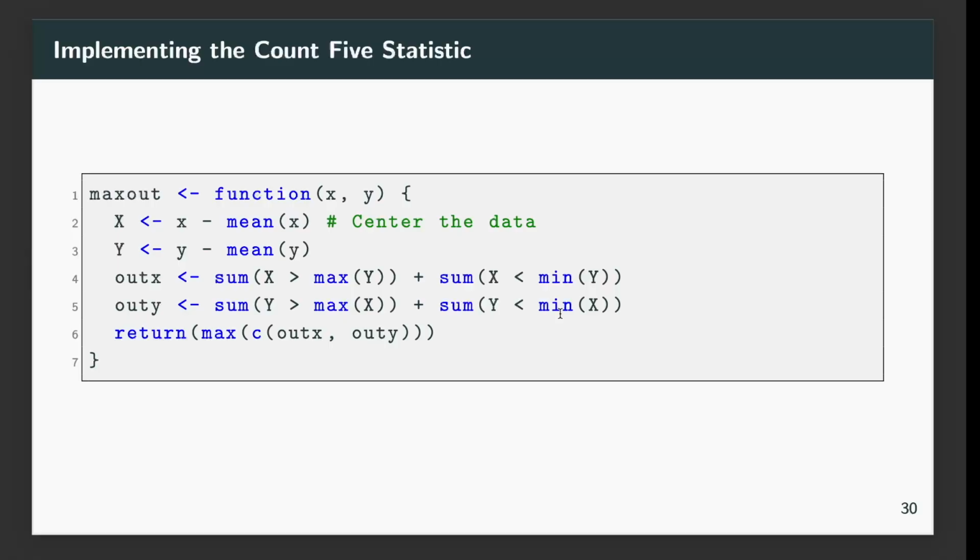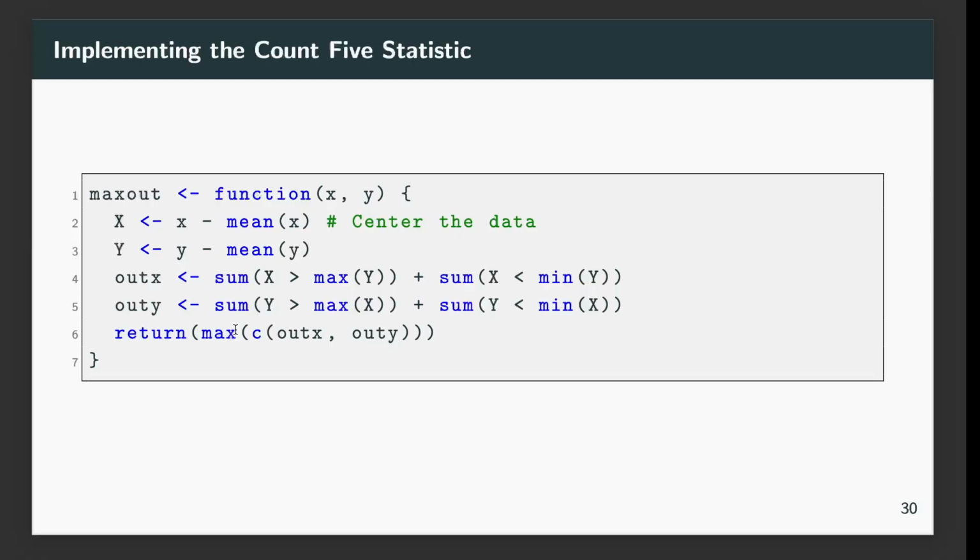Then we compute the maximum, the larger of the two counts, to become our statistic here. And we reject the H null if this output is larger than 5.